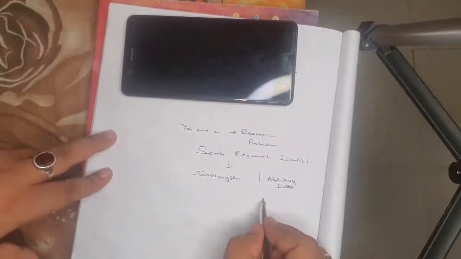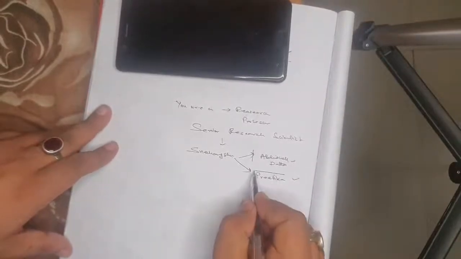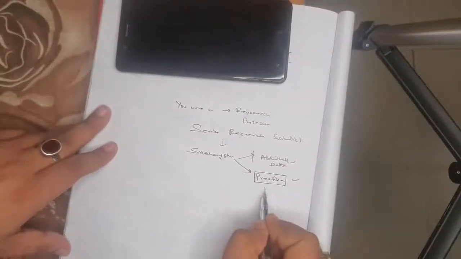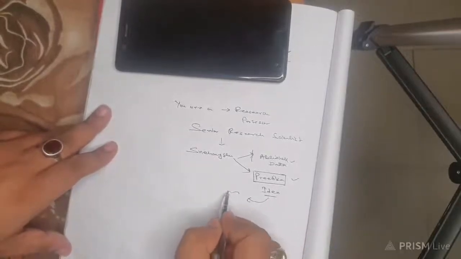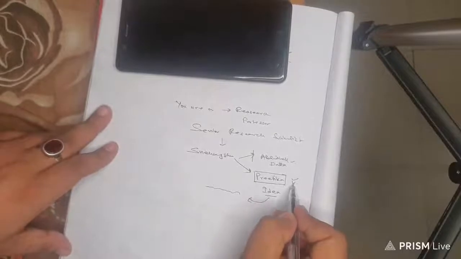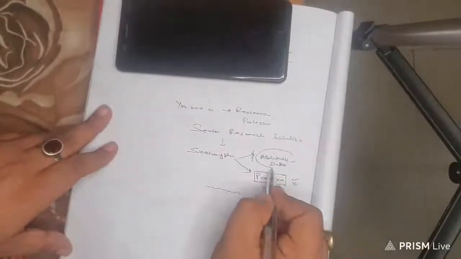Now, there is me, Abhishek Datta, and then there is Pritika. Pritika and I work under you. Okay. Now, it was Pritika's idea that we can do this experiment this way. But she couldn't execute it alone. She took my help.